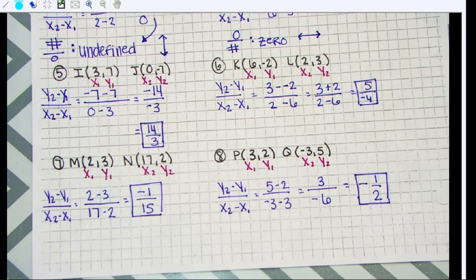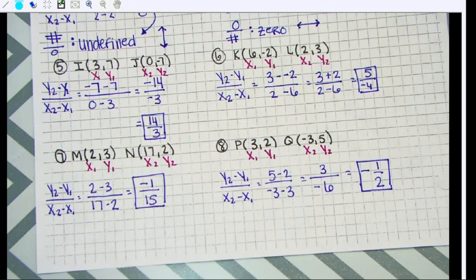On number 6, we should get 5 over negative 4, or you can move the negative out front. It's up to you. So 5 over negative 4. Number 7 is negative 1 over 15. And number 8 is negative 1/2. Or since the negative's in the bottom, you could put 1 over negative 2. Same thing. It's just up to you.